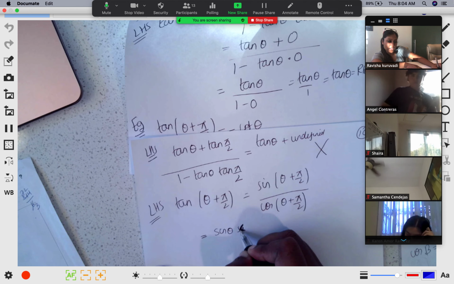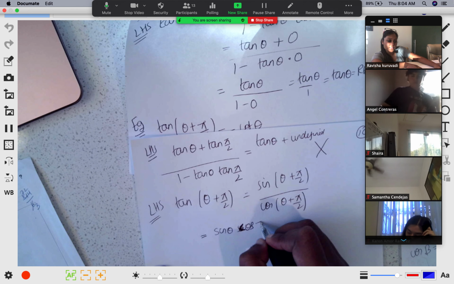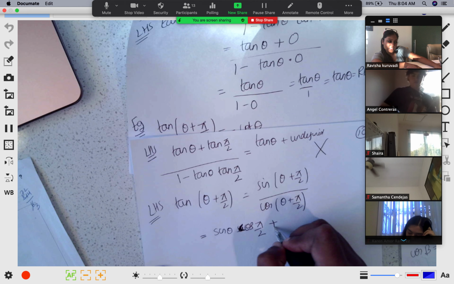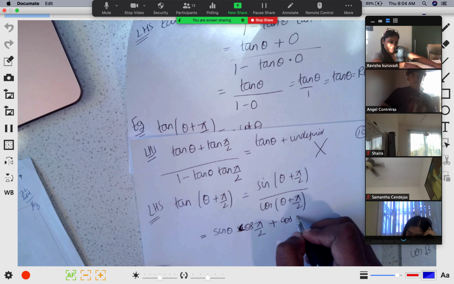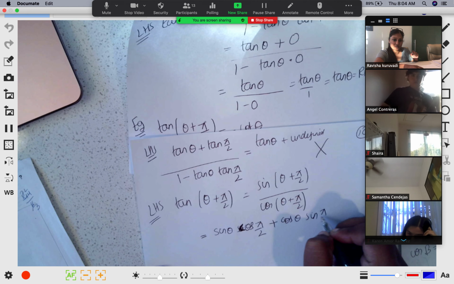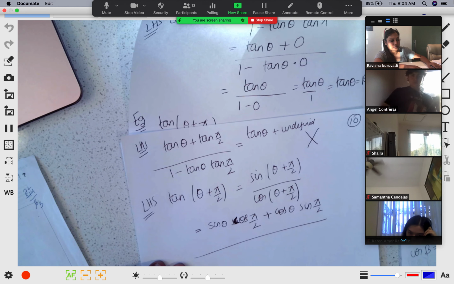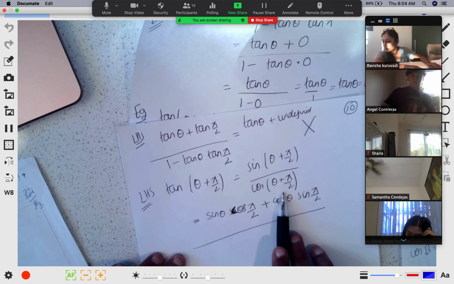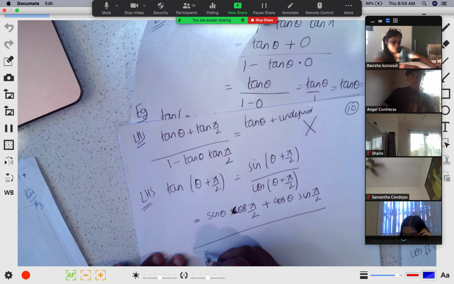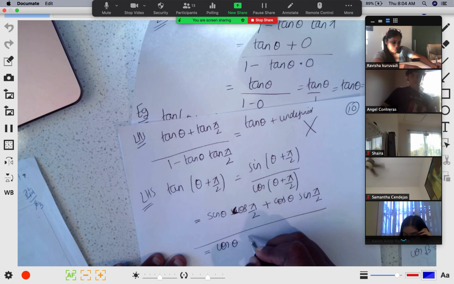Sine theta cosine pi over 2 plus cosine of theta times sine of pi over 2. And for the bottom, it's going to be cosine of theta times cosine of pi over 2 plus sine of theta times sine of pi over 2.